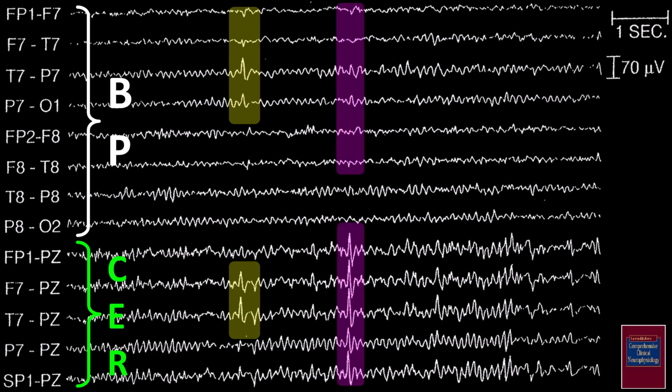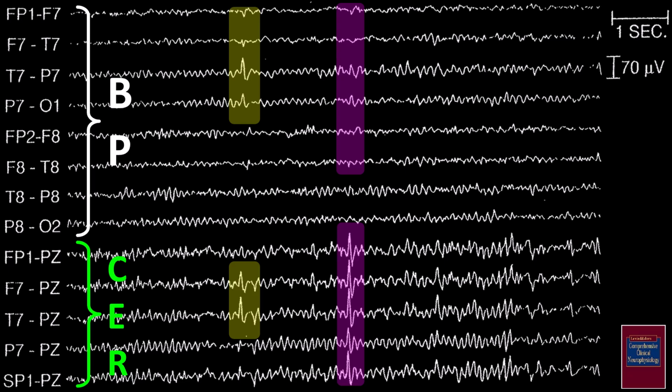The newly highlighted areas in this frame only show a potential in the common electrode reference derivations. The potential is not seen in the bipolar derivations because the potential has a wide area of distribution, the voltage gradient among the recording electrodes is small, and the degree of coherence of the potential between the closely spaced electrodes is very high.